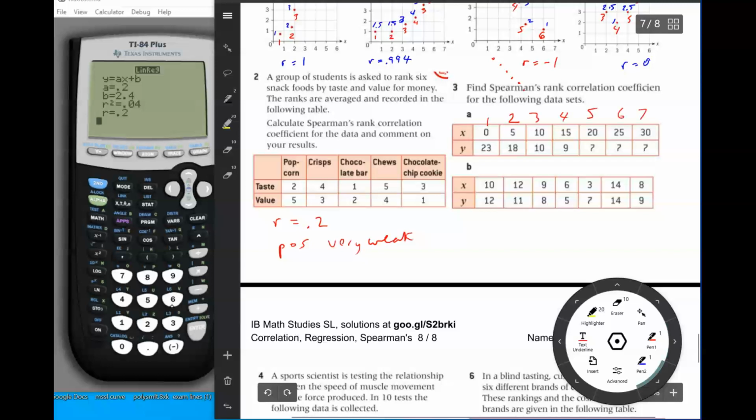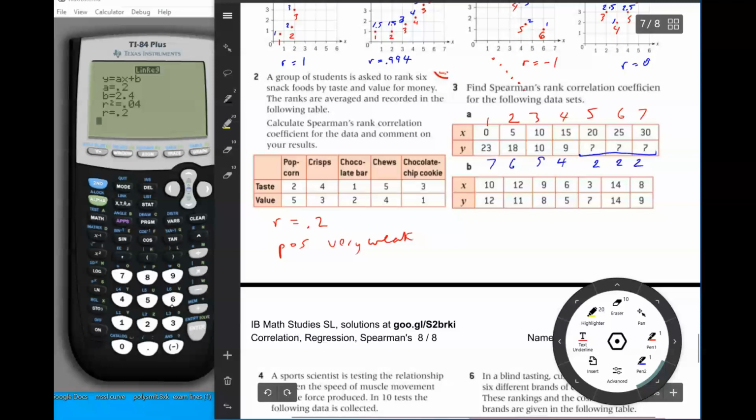Either way is fine as long as you're consistent. So in this one here, look at this. The smallest number is 7, but there's 3 of them. So we're averaging rank 1, rank 2, and rank 3. First, second, and third place, we're averaging them. So we should rank them all 2, which is the middle number. Okay? Then 9 would be 4, 5, 6, and 7.